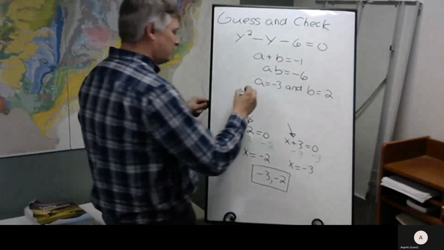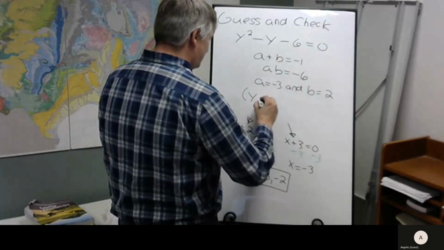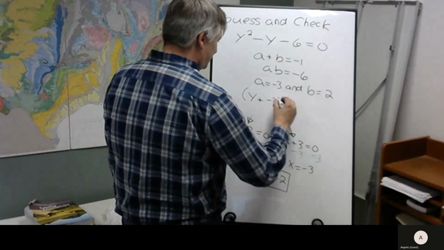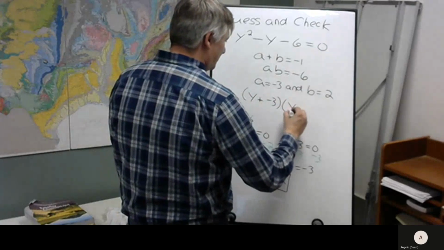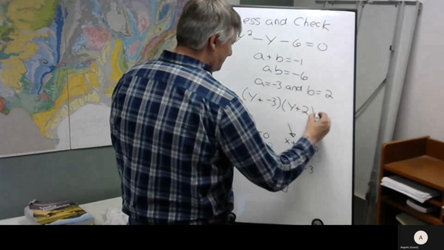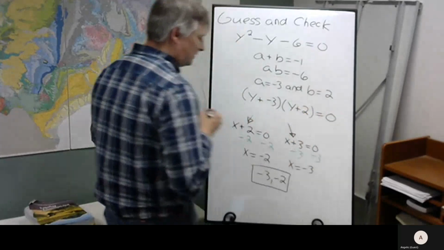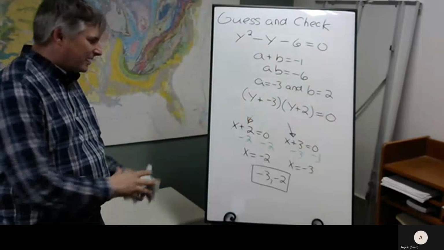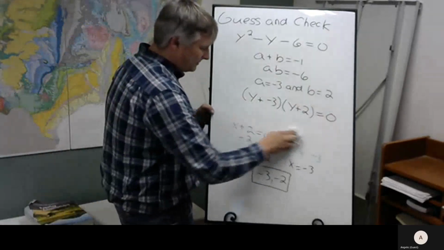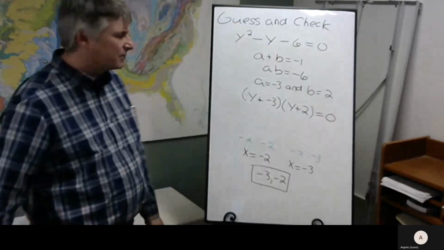So now we'll do y plus -3 and y plus 2. And just to kind of, I don't know if we've talked about this very much, it comes up with negative numbers.